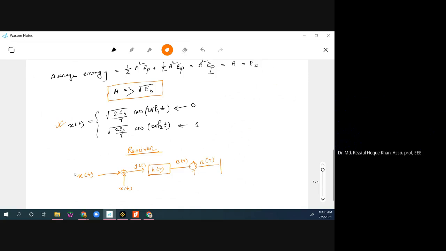So here we do the signal detection. This is a sampler. We have drawn this schematic several times. Here y(t) is nothing but x(t) plus n(t).